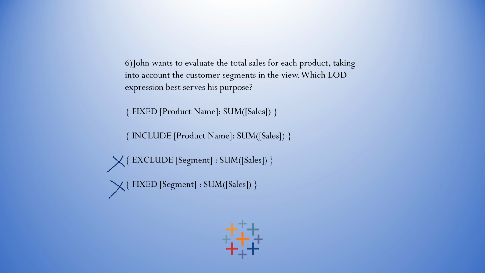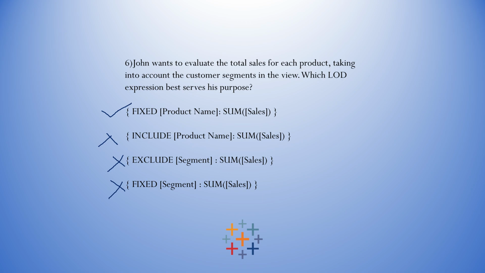Then if we add INCLUDE product name, SUM of sales, if we include product name it will add an additional dimension which is not needed, and it will return incorrect results if some extra segments are included, so this is also incorrect. So we are left with FIXED product name and SUM of sales. Undoubtedly this will be the correct answer.